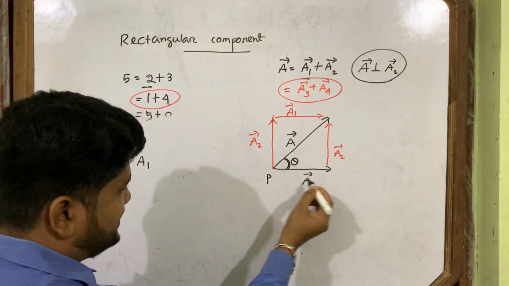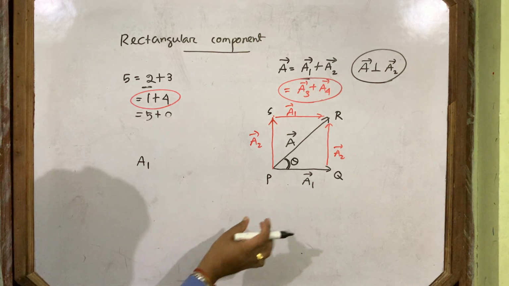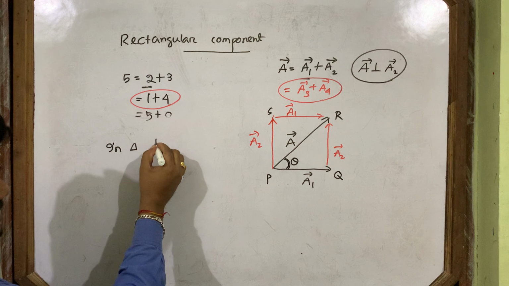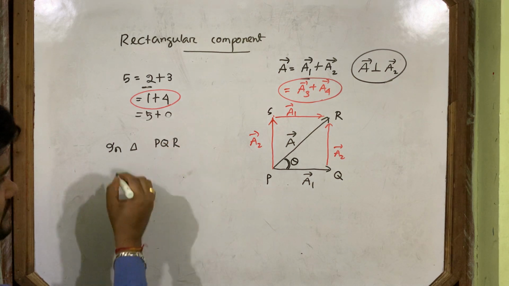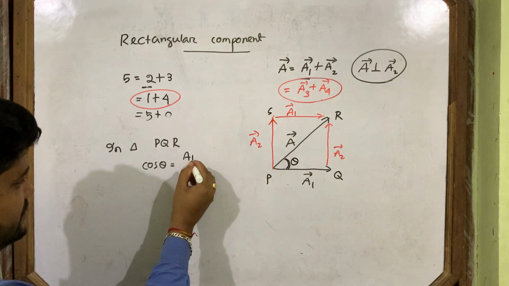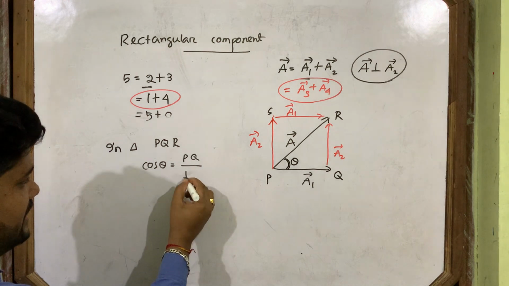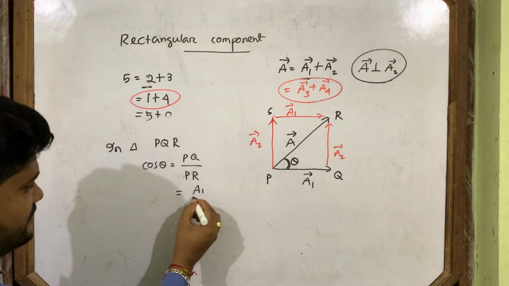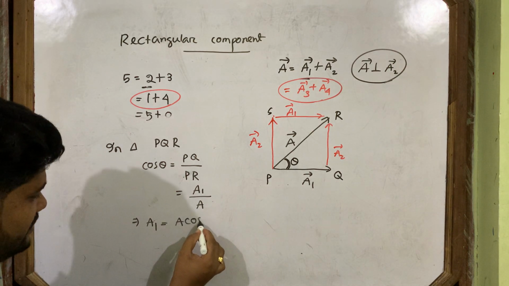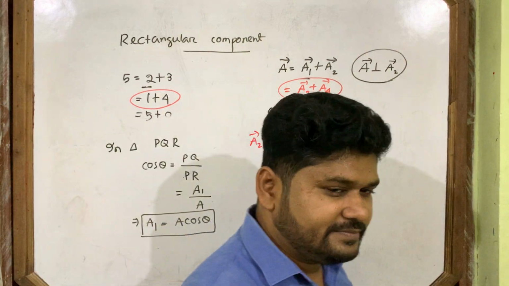Let's name the triangle P, Q, R. In triangle PQR, cos theta is equal to a1, this length, PQ, by PR. PQ is a1, PR is a. So it implies that a1 is equal to a cos theta. Got it? a cos theta.